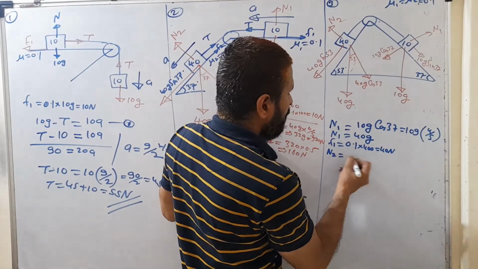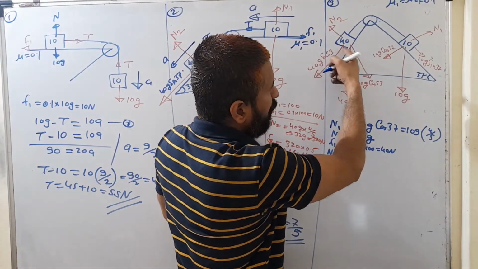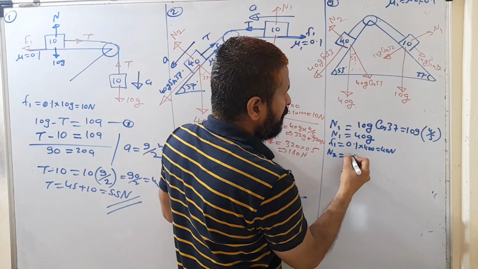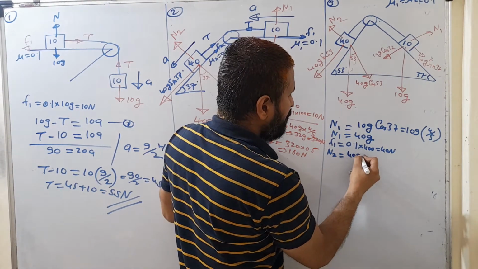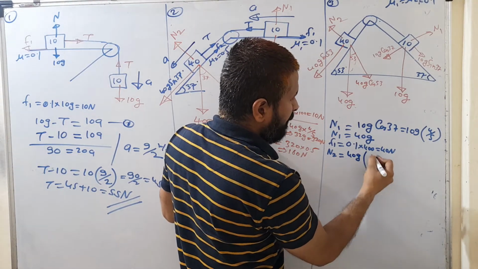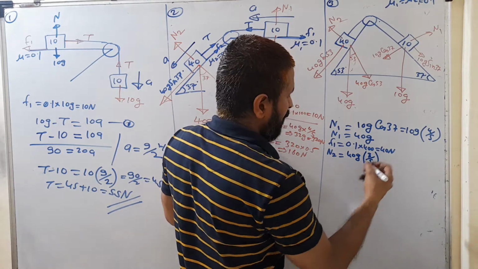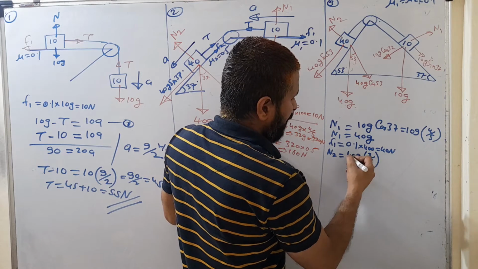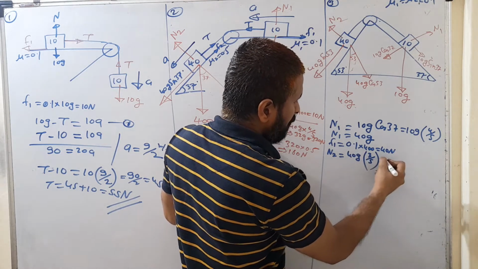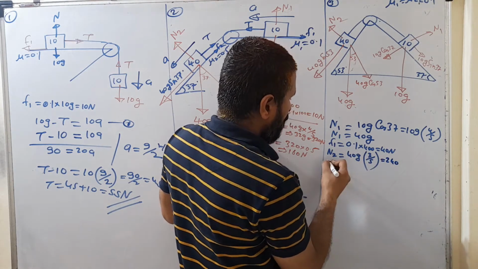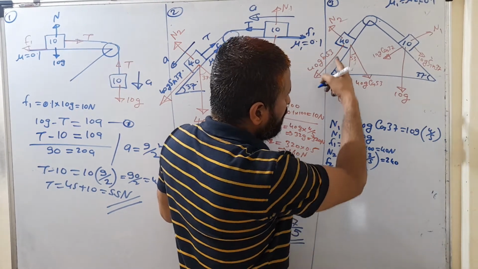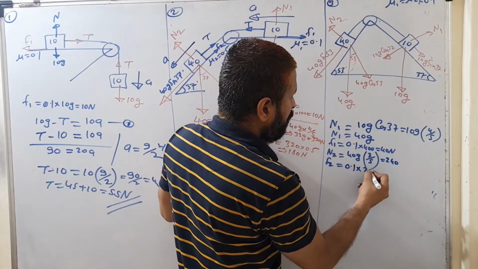Now N2, the normal reaction force acting on this bigger block. N2 is 40g cos 53. Cos 53 is 3 by 5. Sin 37 is the same as cos 53, so that is 3 by 5. One fifth of 400 is 80, into 3 gives 240. So now F2, the frictional force acting on this block, is 0.1 into 240.